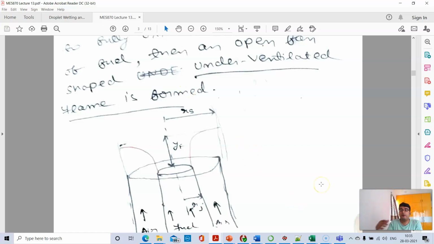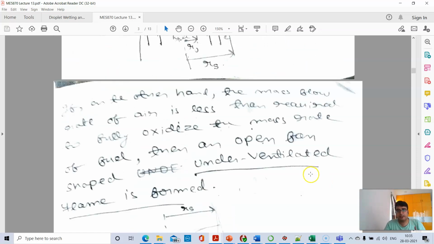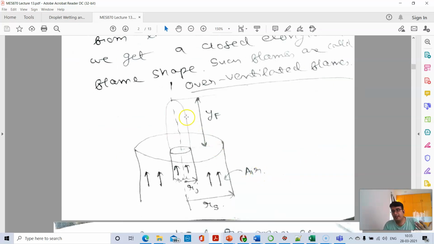Because it's a diffusion process, in the flame front the fuel molecules are diffusing in, and air molecules are diffusing in from outside, and they combine in the flame and produce products, right? So the flame front acts as a sink of oxygen molecules and fuel molecules and a source of product molecules.